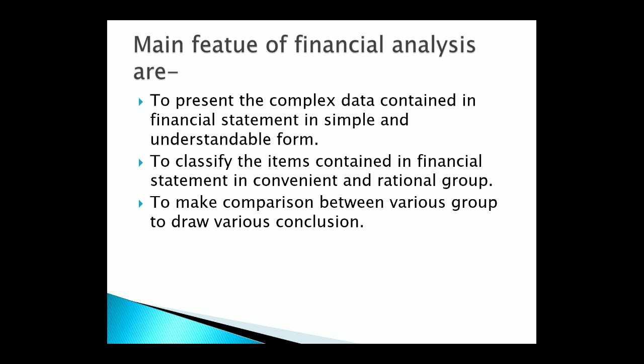Next, to make comparison between various groups to draw various conclusions. With the help of financial analysis we can compare the current assets of this year with the current assets of last year. We can compare this year's current liabilities with last year's current liabilities. So these are examples of the various groups of data which are concluded with the help of financial analysis.